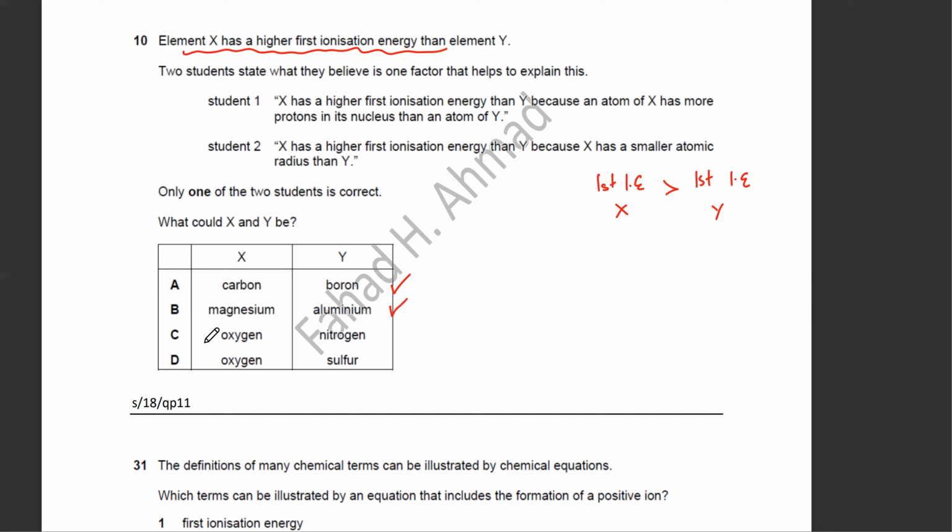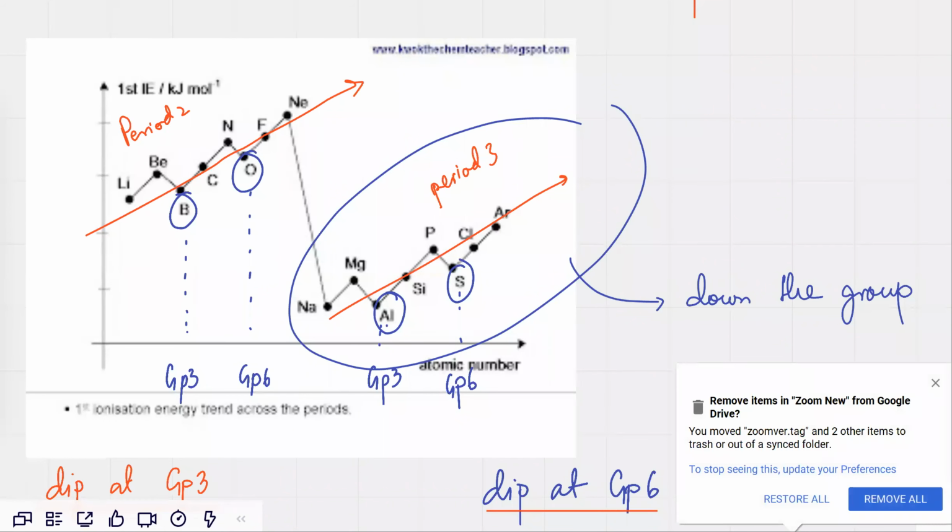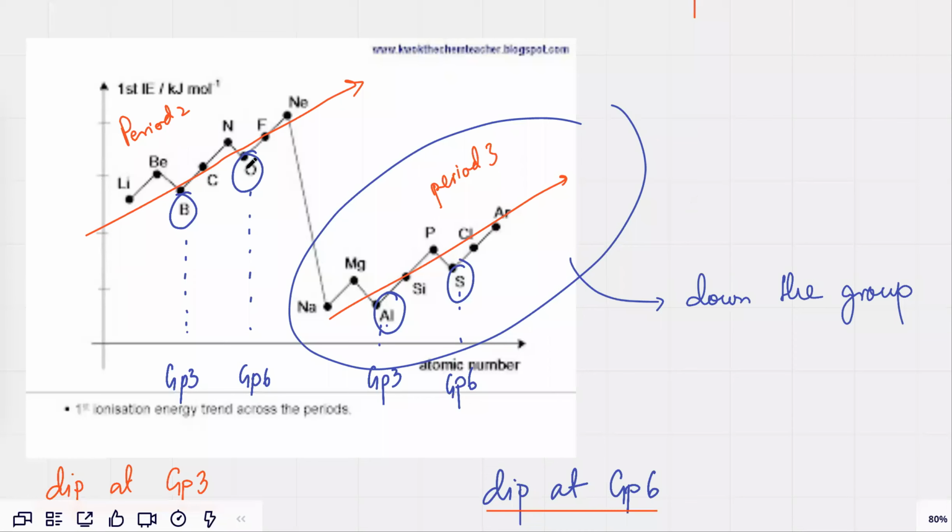And what about the next one? Let's look at option C. Oxygen and nitrogen. Oxygen should have an ionization energy greater than nitrogen. Let's quickly have a look. Where's oxygen? This one is wrong. The first fact he told us does not fit with this.